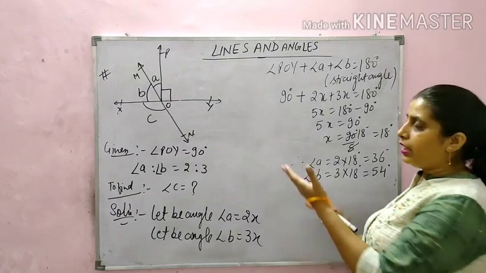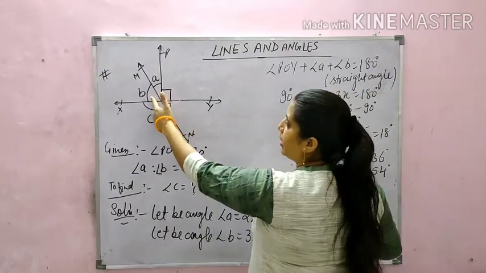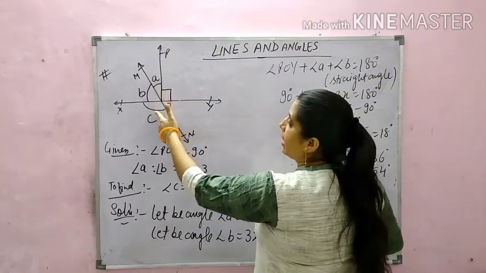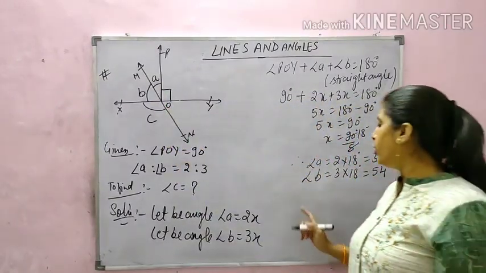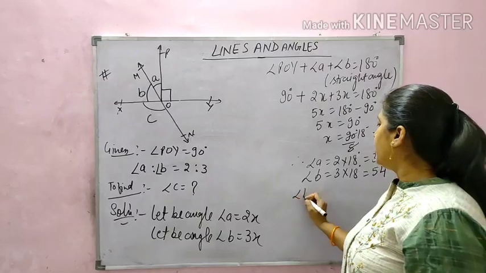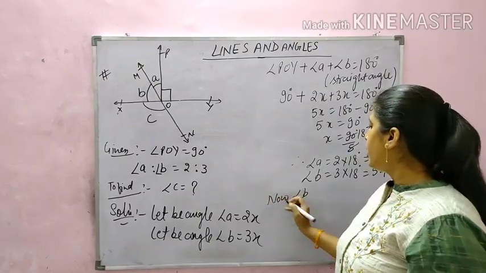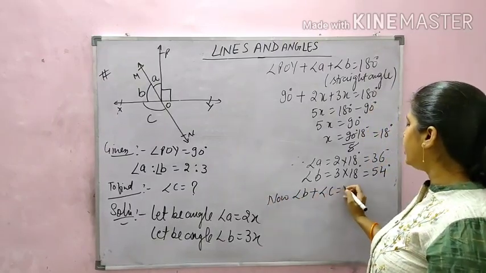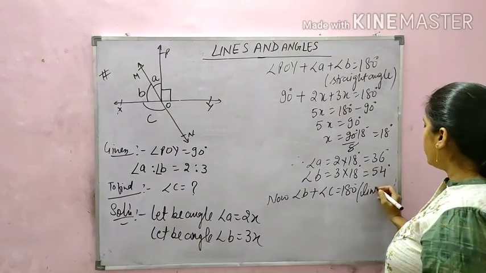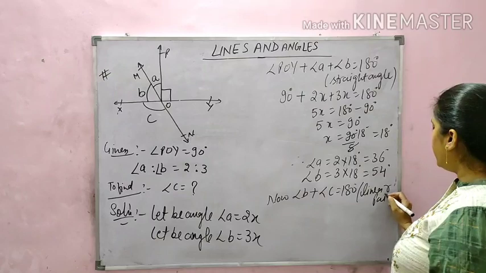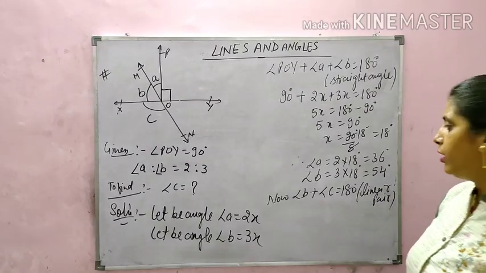Clear? As I have told you before also, B and C both will make 180 degrees as a linear pair. Clear? Therefore, we will mention here angle B plus angle C equal to 180 degrees. Why? They are making a linear pair. Clear?